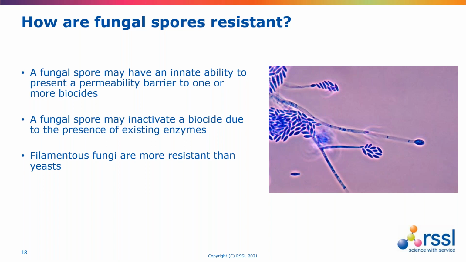And also some fungi can secrete enzymes which can interfere with certain disinfectants and inactivate the active ingredient. So this is why, when you're doing disinfectant efficacy testing, some of the fungal contact times need to be longer, and it may well be because of this enzymatic activity, particularly with chlorine-based disinfectants.